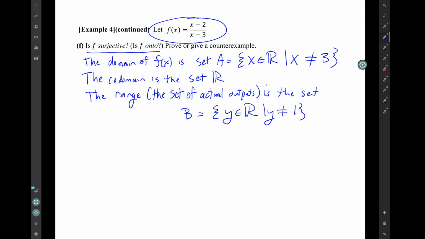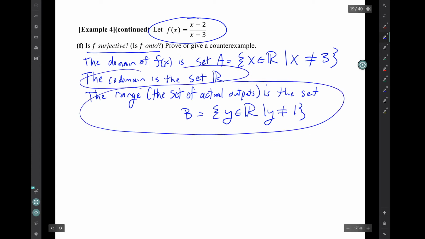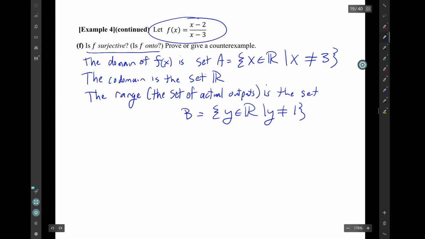And basically, since the range is a proper subset of the codomain, that is, there are some numbers in the codomain that are not in the range, that means that there are some numbers in the codomain that cannot be achieved as outputs of the function. And the only one is the number y equals 1.